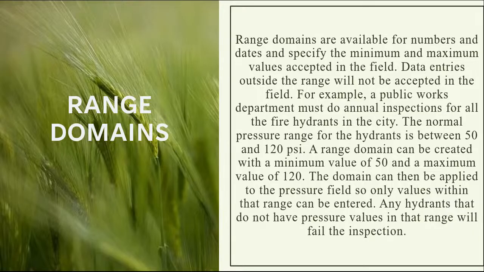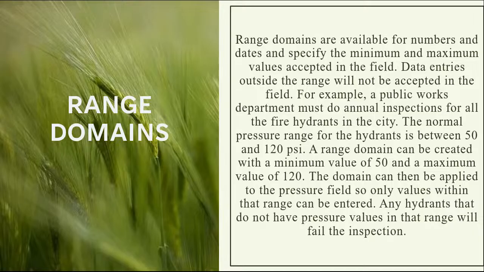The normal pressure range for the hydrant is between 50 and 120 PSI. A range domain can be created with a minimum value of 50 and a maximum value of 120. The domain can then be applied to the pressure field, so only values within that range can be entered. Any value outside 50 and 120 can't be entered.